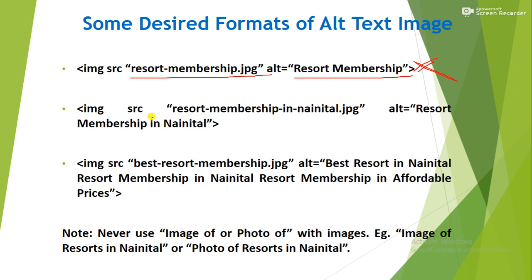Here is another format you can focus on: resort membership in Nainital. Here is the file name, and after that you write your alt text like this: resort membership in Nainital, right? So guys, it provides a better meaning to your alt text, to your image, and to your blog or website.